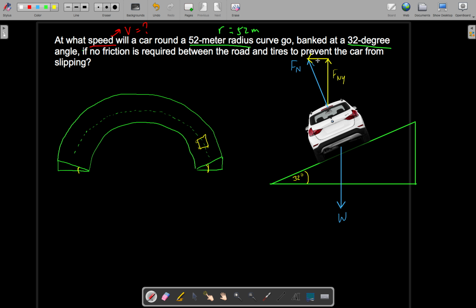What you're seeing here is the horizontal motion of the normal force. We're going to label that as Fnx, our force normal x. That's what you're seeing right here in this situation. Let me actually write my force normal x down here so you can see it a little bit better.